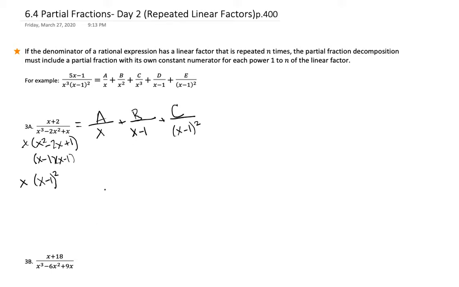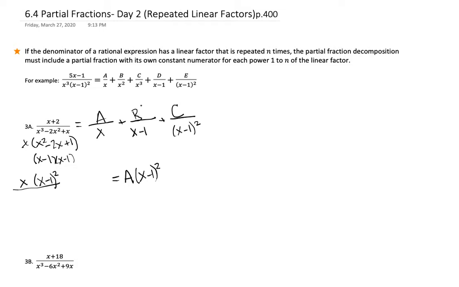We'll go ahead and do this the same way. So remember, this is my denominator. So when I look at my A and I say, okay, what is my denominator missing to get to this one? Well, it's missing an x minus 1 squared. So I'm going to multiply it by x minus 1 squared.